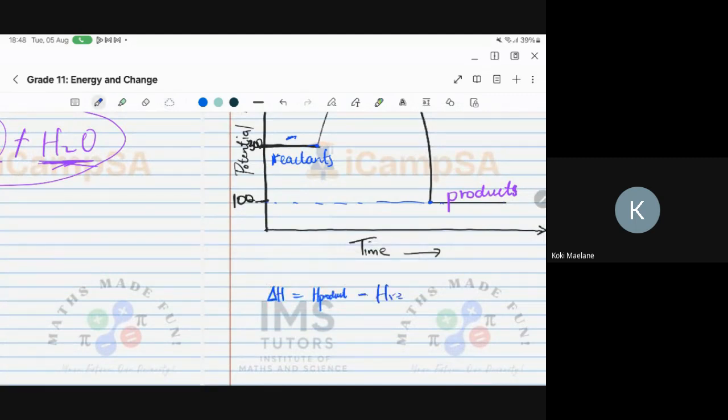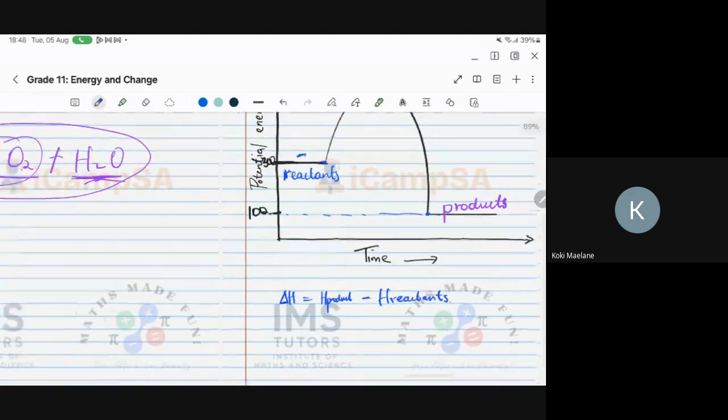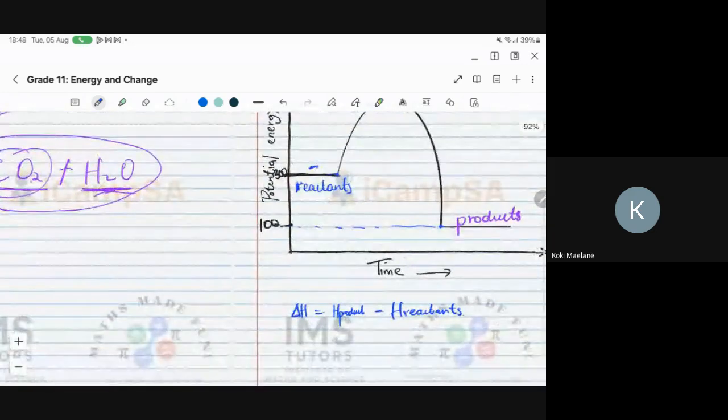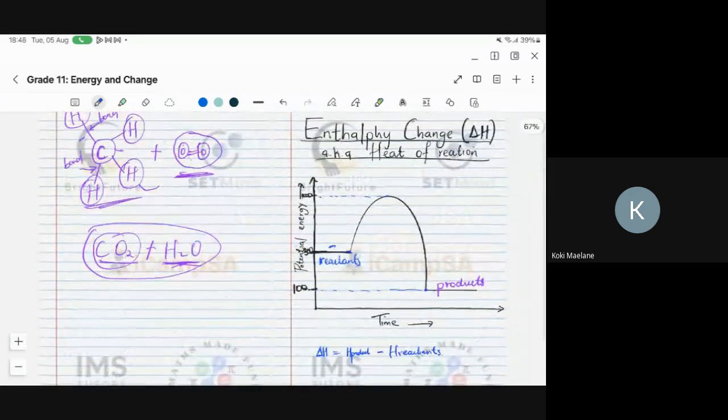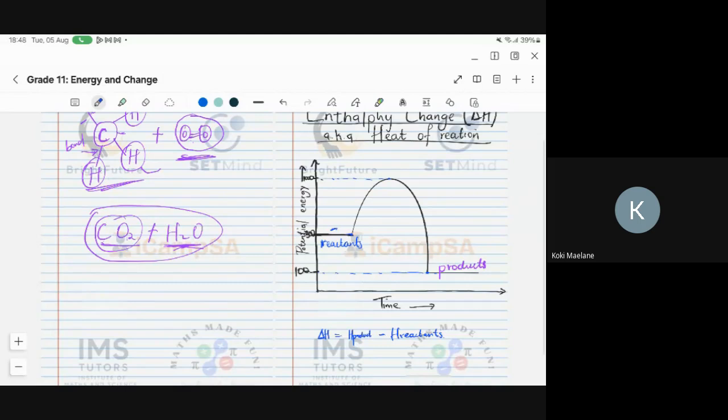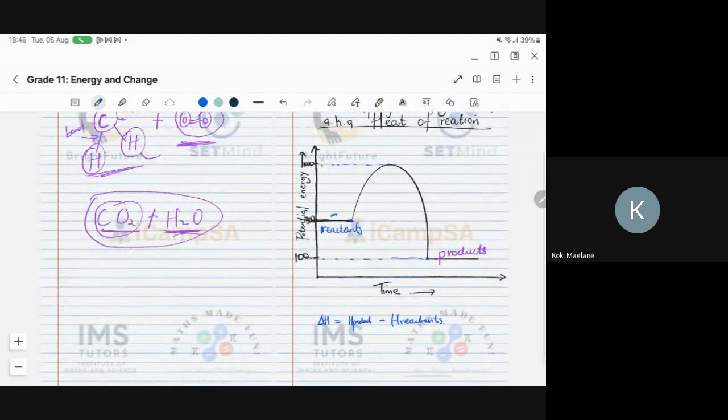The heat of the product minus the heat of the reactants. Remember, it's always like this. You don't change it and make it your own. Now, in this particular example, you have that your energy of products is 100 and your energy of reactants is 300. This would give you, let's say, minus 200 joules, right?